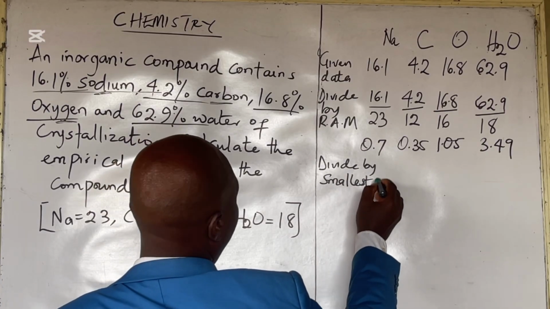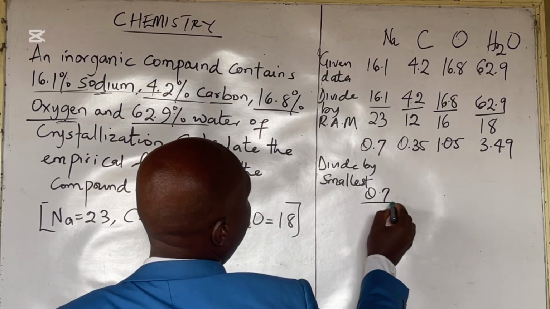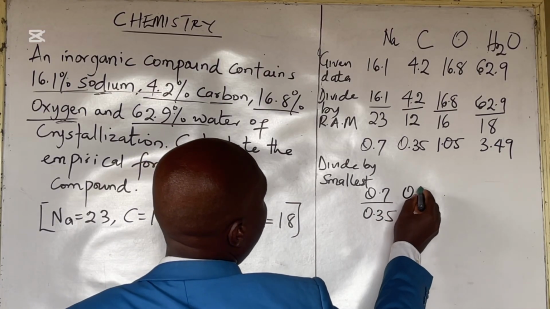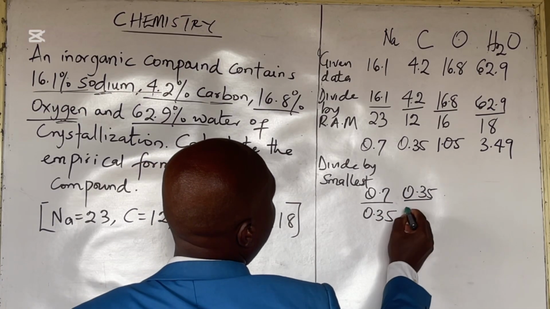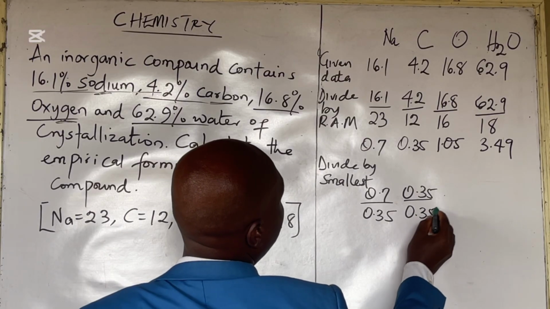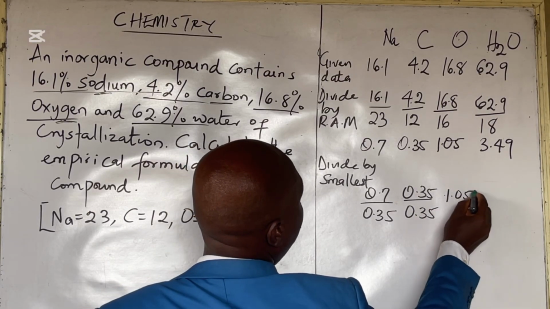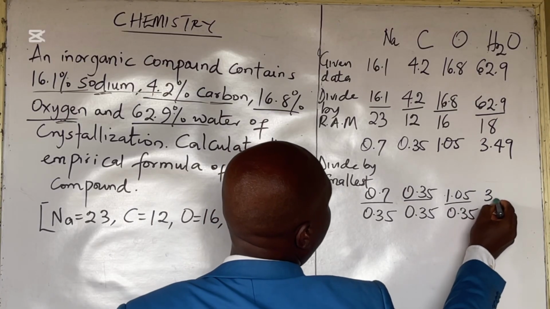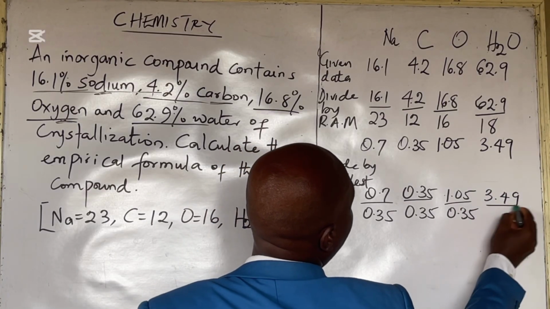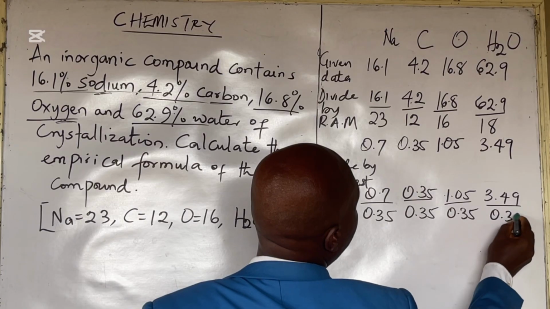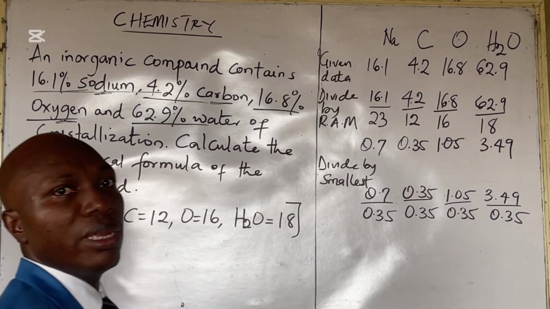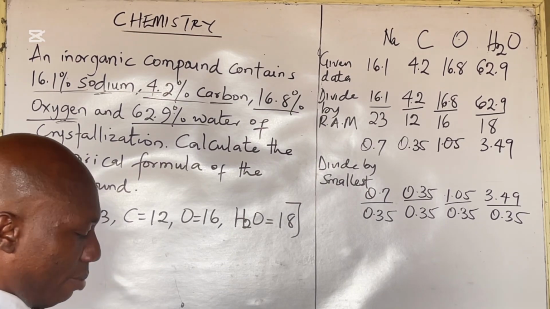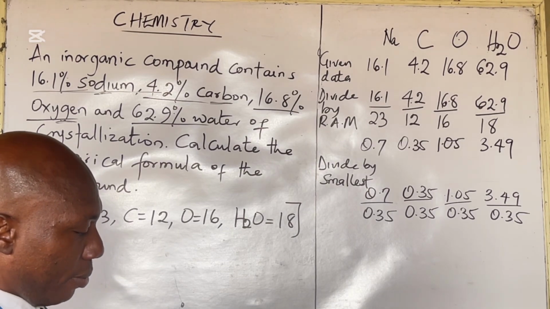We have 0.7 over 0.35, 0.35 over 0.35, 1.05 over 0.35, and 3.49 over 0.35.